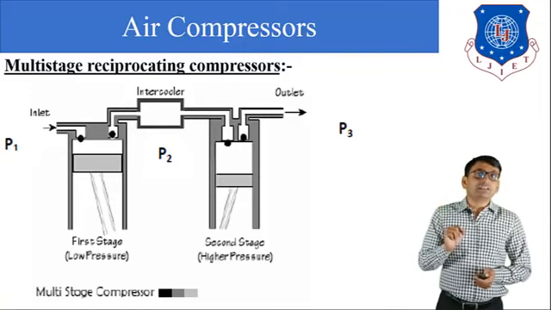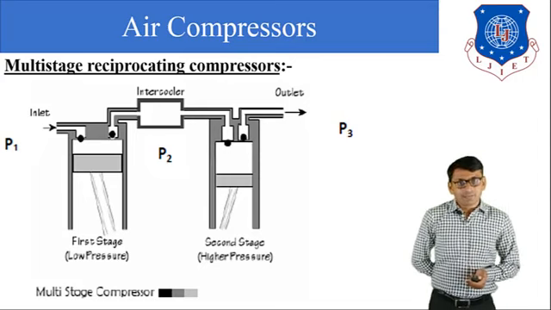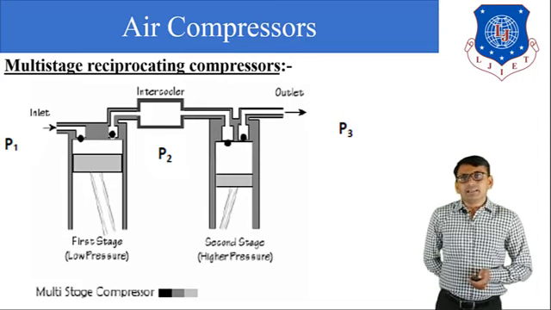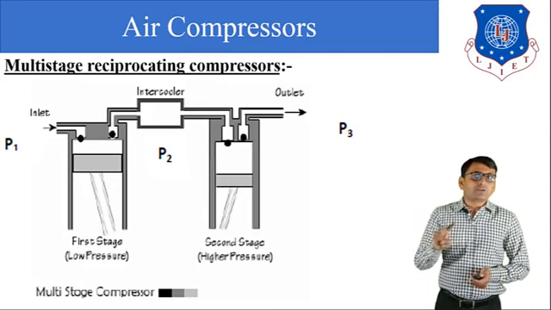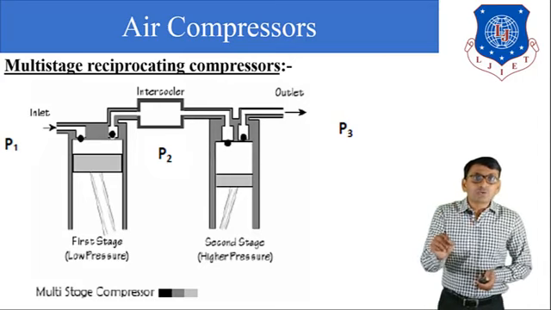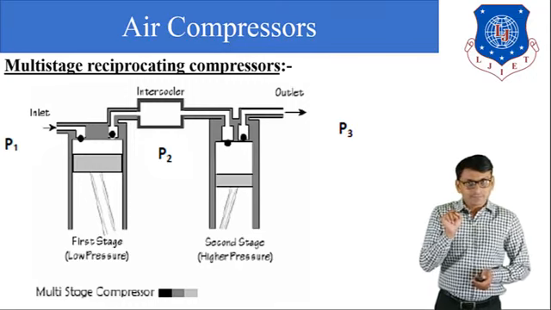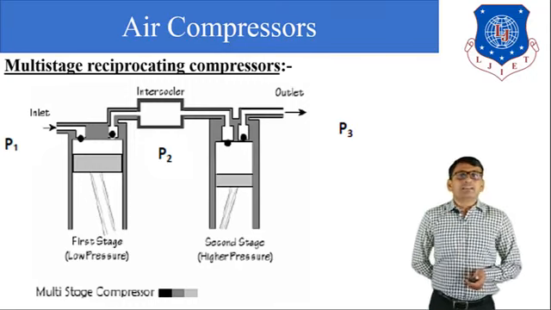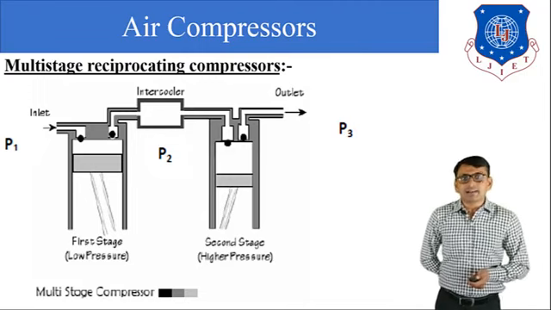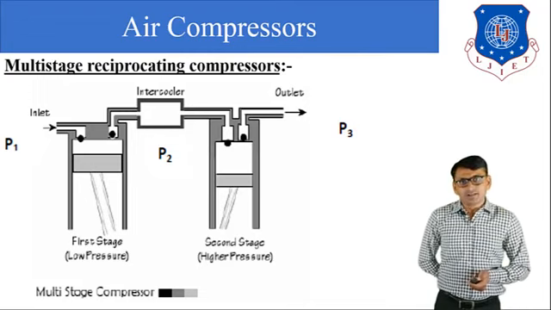But in multi-stage, there are multiple cylinders. In this diagram, there is a two cylinder, two piston arrangement, and in between the two cylinders there is an intercooler. The first cylinder is the low pressure cylinder, the first stage, and the second is the high pressure cylinder, the second stage.